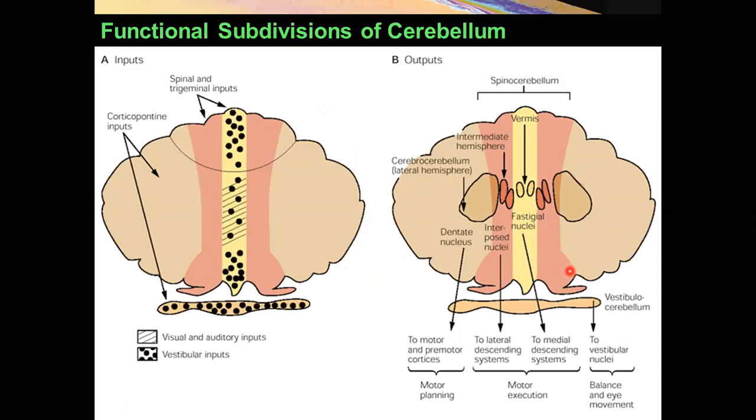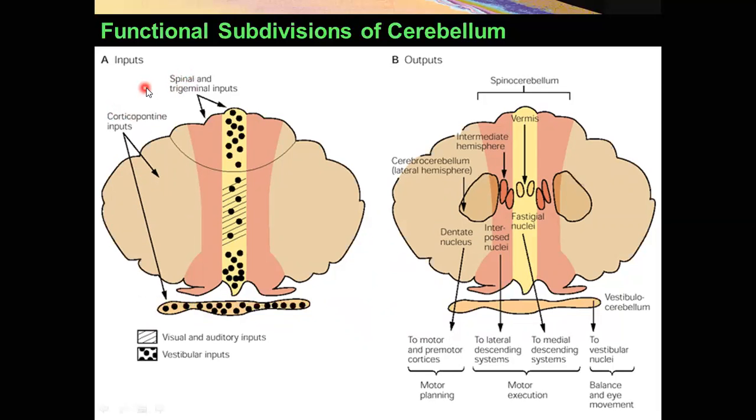Again, now what you see here includes the visual and auditory impulses and the vestibular inputs. So what you see here, these are the afferents coming to the cerebellum. Corticopontine inputs terminate in the vestibulocerebellum and cerebrocerebellum.